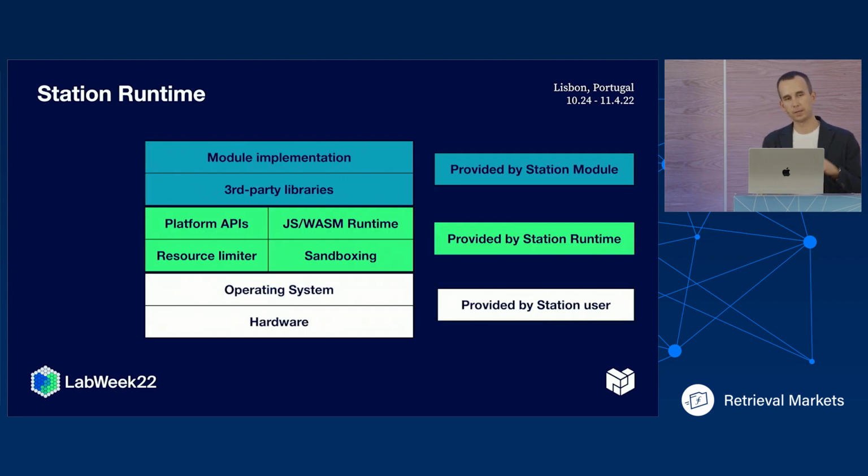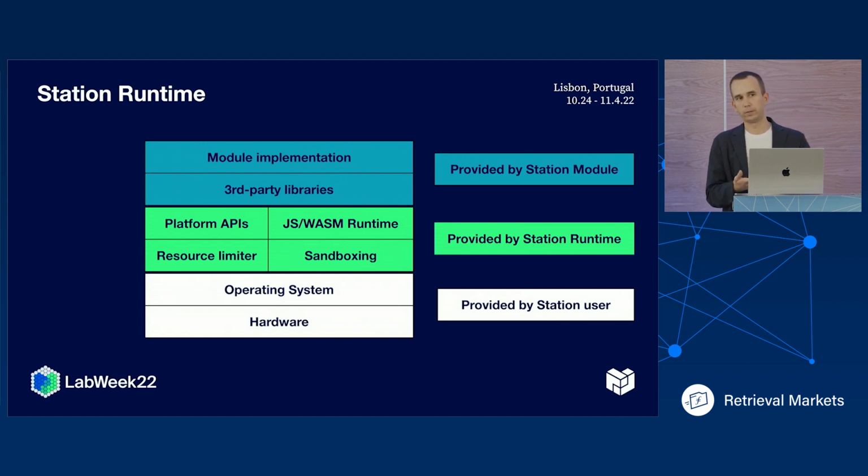The idea is the user will supply the hardware and operating system, on top of which we can install Station. And Station will have 2 parts. One part is the runtime, which allows modules to execute their code. It will be sandboxed. We will limit the resources. And we can provide them platform APIs. Maybe it will be like POSIX, Unix APIs to work with files and network.